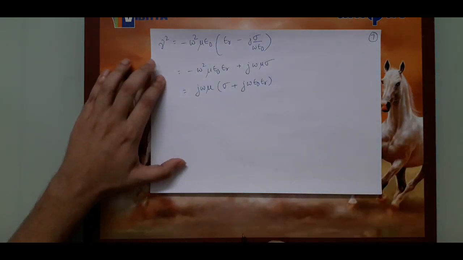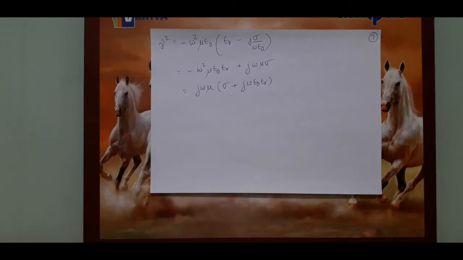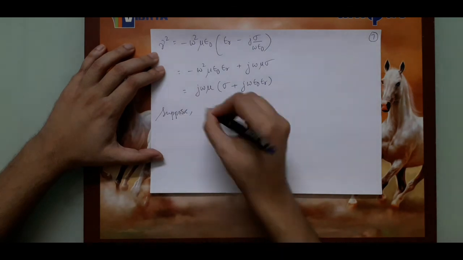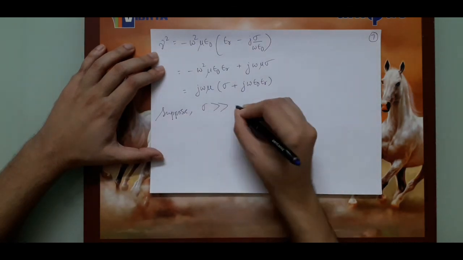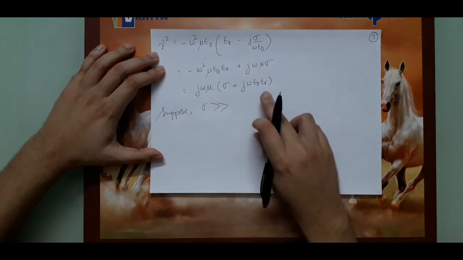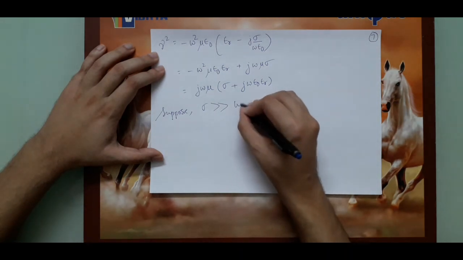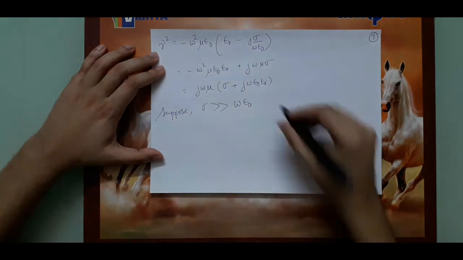Now let us suppose that the medium is a very good conductor. So suppose sigma is much more than omega epsilon 0, this term.